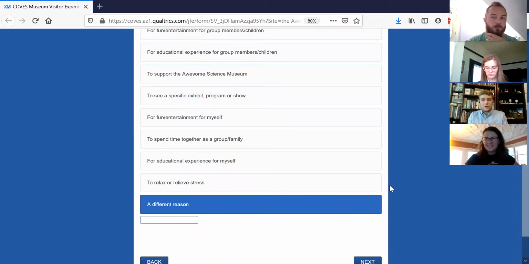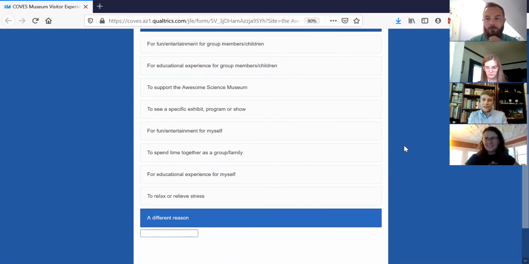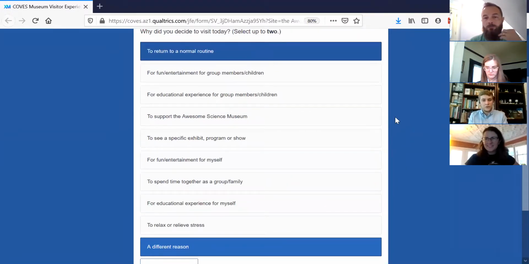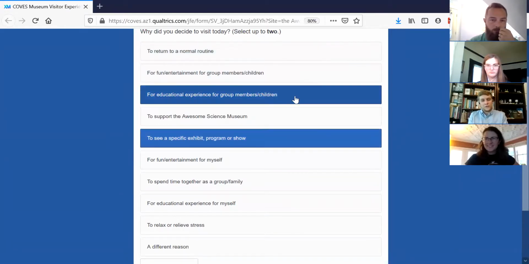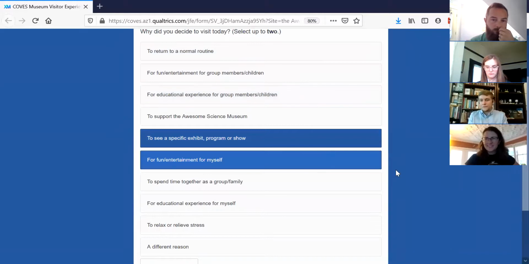We thought an open-ended reason would catch anything we didn't manage to think of here, if there was another really important reason for someone to come. And you can still select 2. If you try to select a third one, it just bounces away from that third option.